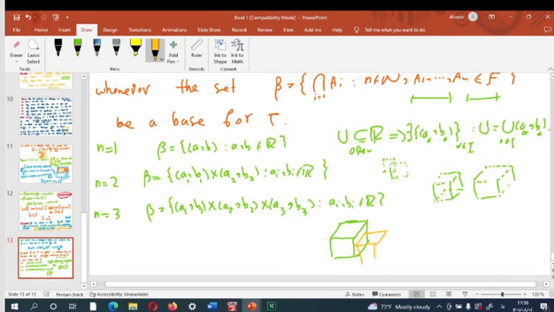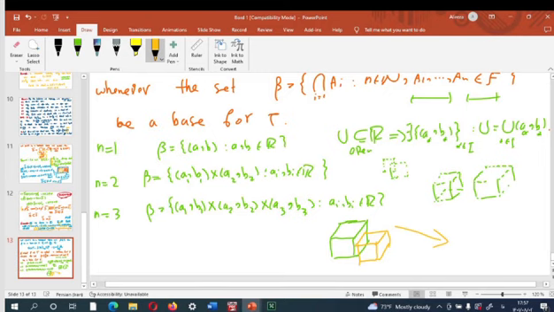And we obtain a smaller one: the intersection of these two is a cube again, but with a smaller volume.